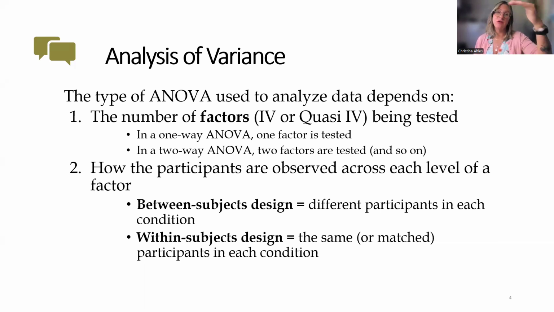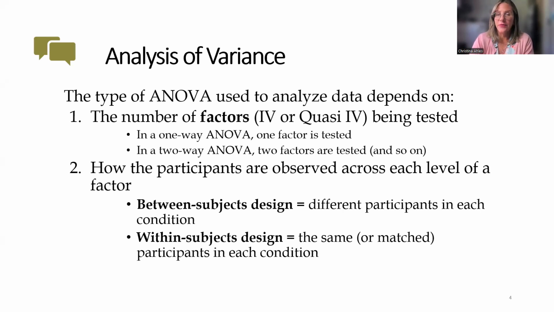So maybe we're going to look at program affiliation and maybe age or gender, and we're going to look at those two quasi-independent variables. You won't learn how to calculate a two-way ANOVA. You're only going to have to worry about a one-way ANOVA. But I like to introduce that so you understand why suddenly they come up with this new term factor and levels, because there are other types of ANOVA that we need to distinguish between.